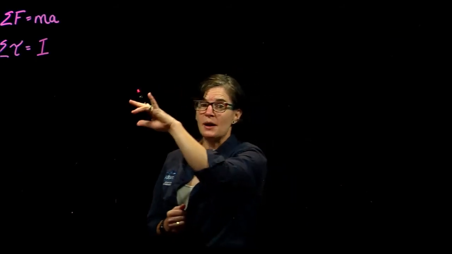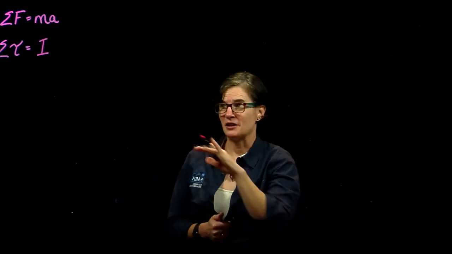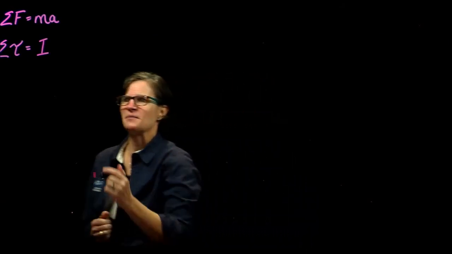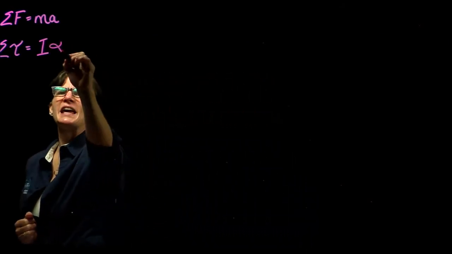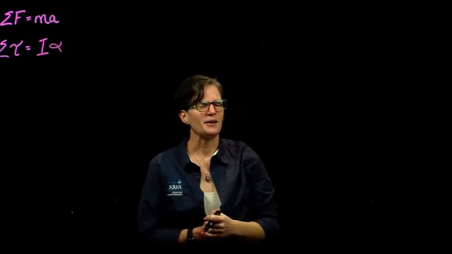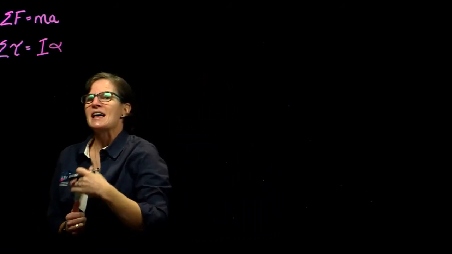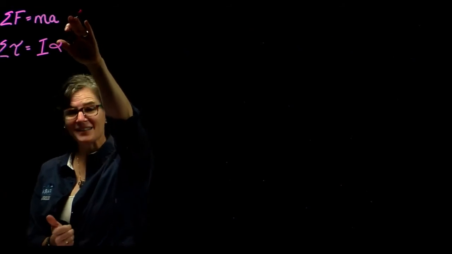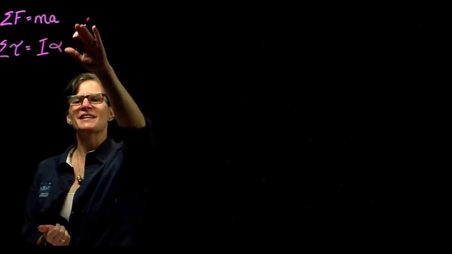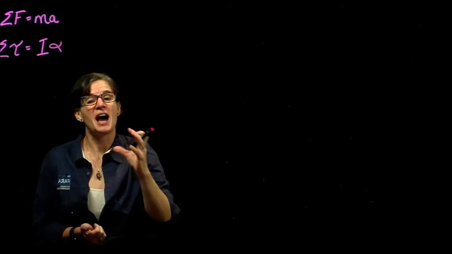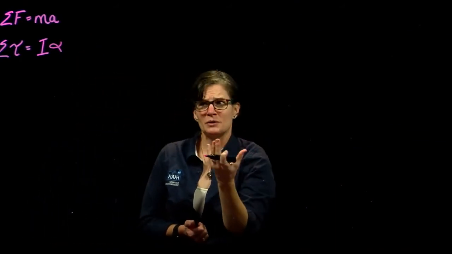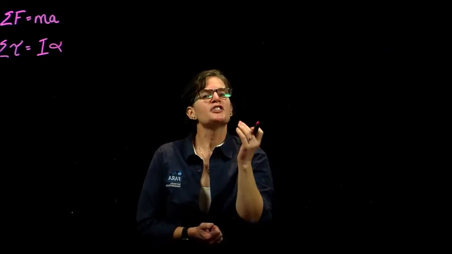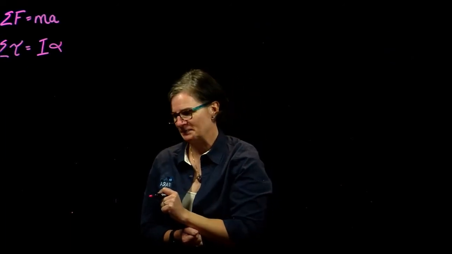And of course, if we're describing an object's rotational acceleration in an analogy to Newton's second law with the linear acceleration, we would look at the rotational acceleration alpha. So, in a similar way that the net force causes a mass to change its acceleration, the net torque causes an object whose rotational inertia is defined by its mass distribution and axis to change its rotational acceleration.